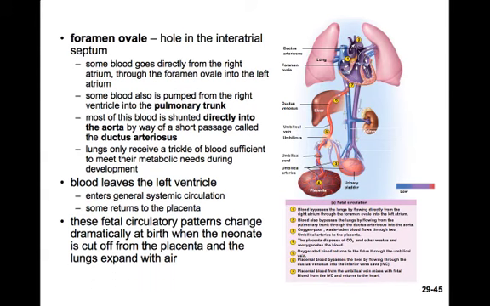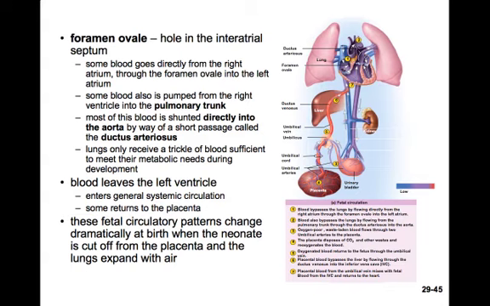There's a little hole between the atria in the interatrial septum called the foramen ovale. Some blood goes directly from the right atrium through the foramen ovale and into the left atrium, and some blood is pumped from the right ventricle into the pulmonary trunk.